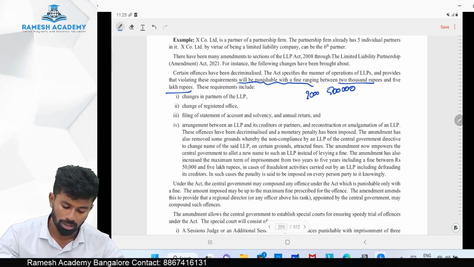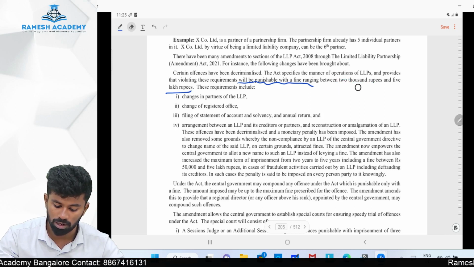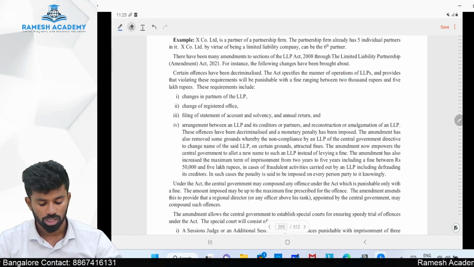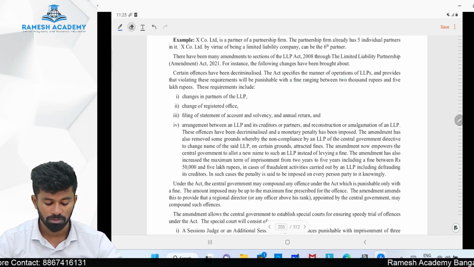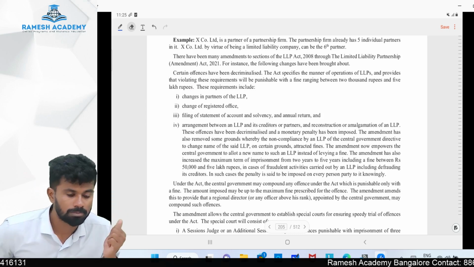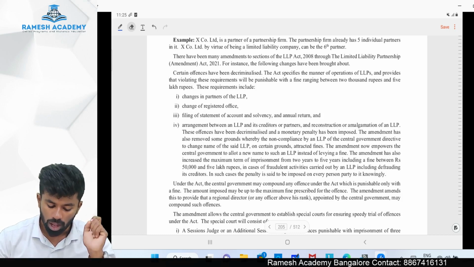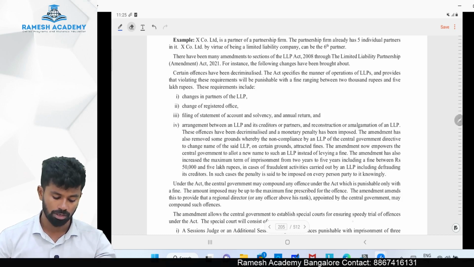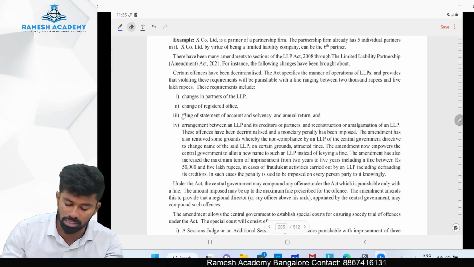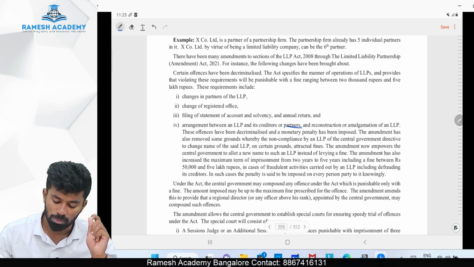These requirements include changes in the partners of the LLP that have to be intimated, change of registered office of the LLP, filing of statement of accounts and solvency and annual return, arrangement between the LLP and its creditors or partners, and reconstruction or amalgamation of the LLP.